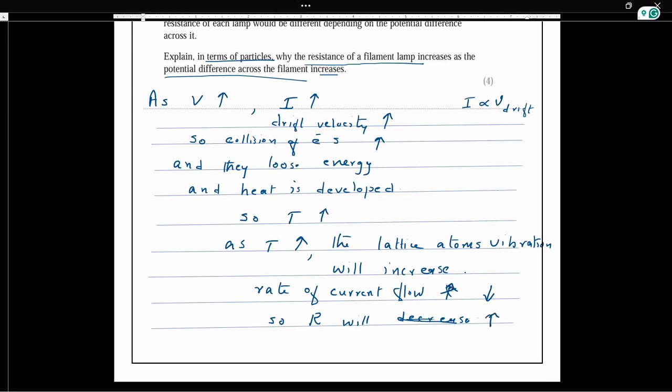I said it in the opposite way. So when the lattice atoms' vibration increases, it is difficult for the electrons to flow, so the rate of current flow decreases, so R will increase. Sorry about this. So this is why, in terms of particles, the resistance of the filament lamp increases.